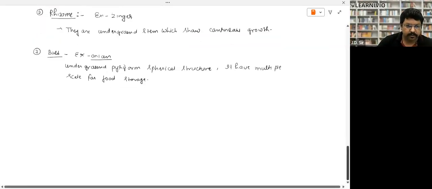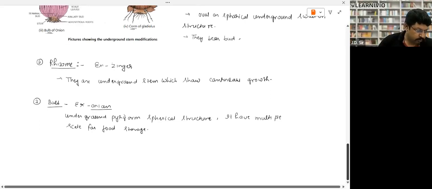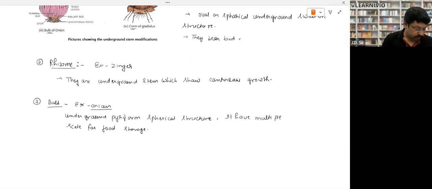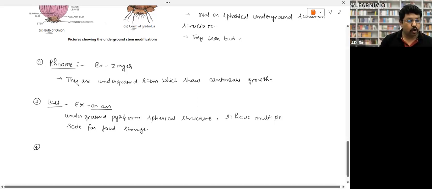And corm. Colocasia is the example of the corm. Do you know what colocasia is? Anyone of you?